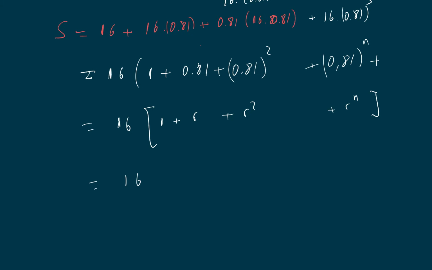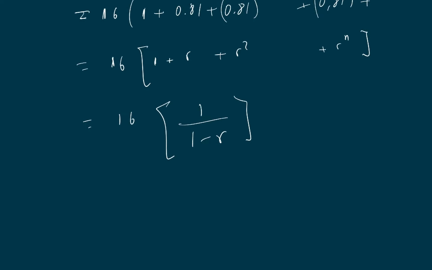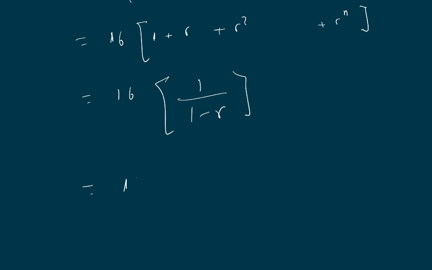So it would be 16 times the sum. What is the sum? It is 1 divided by 1 minus r, and r is 0.81. So it is 16 multiplied by 1 divided by (1 minus 0.81), or 16 multiplied by 1 divided by 0.19.